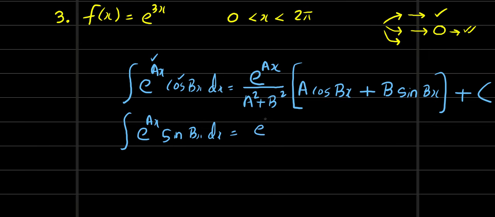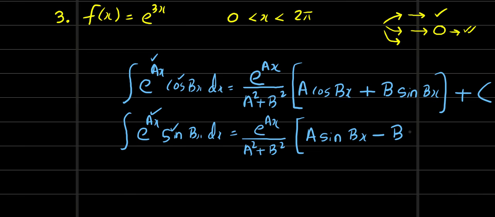And here we get e power ax by a square plus b square, and I told you, think diagonally, a sin bx minus b cos bx. I told you the trick.